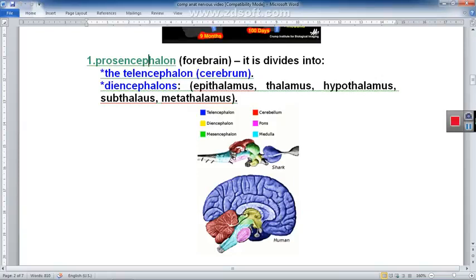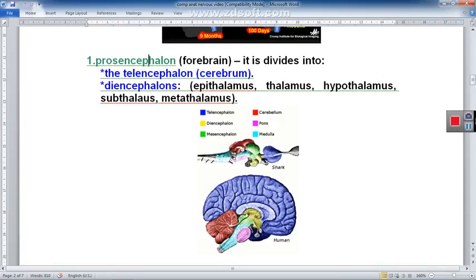The telencephalon will form the cerebrum of the brain, while the yellow diencephalon will form many structures that are called thalamus, epithalamus, which means over the thalamus. Epi is over. Hypothalamus, which means below the thalamus. Subthalamus is also deep to the thalamus, and metathalamus, which means on the sides of the thalamus.